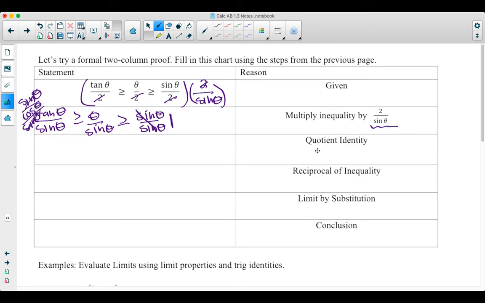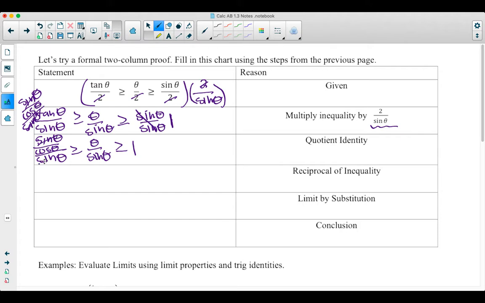So using our quotient identity for tangent, that gives us sine theta over cosine theta over sine theta greater than or equal to theta over sine theta. And I'm just going to simplify this sine over sine to be equal to 1.